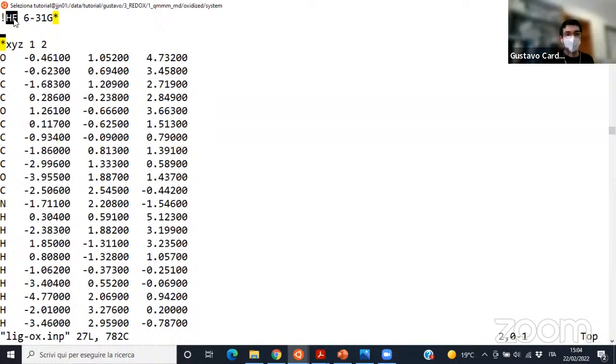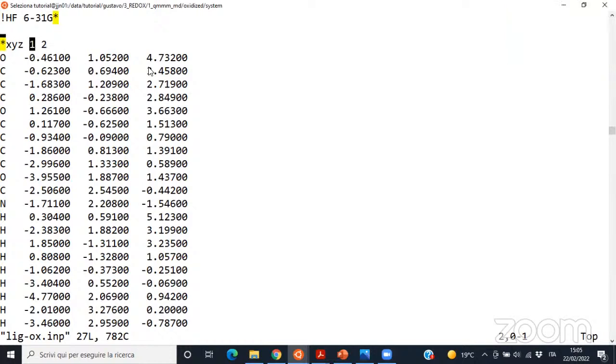This is the basis set. So this is the methodology: Hartree-Fock, then 6-31G. This is the basis set of functions that we're going to use in the computation. I want somebody to tell me what are these numbers here. So we have x, y, z, and then we have 1 and 2. What are these guys here? Could somebody tell me? Charge and spin multiplicity. Exactly.